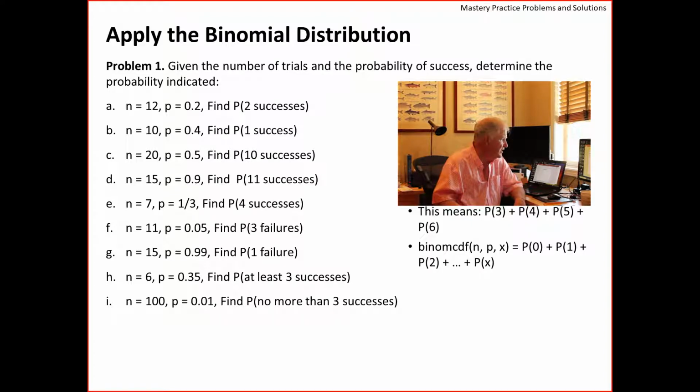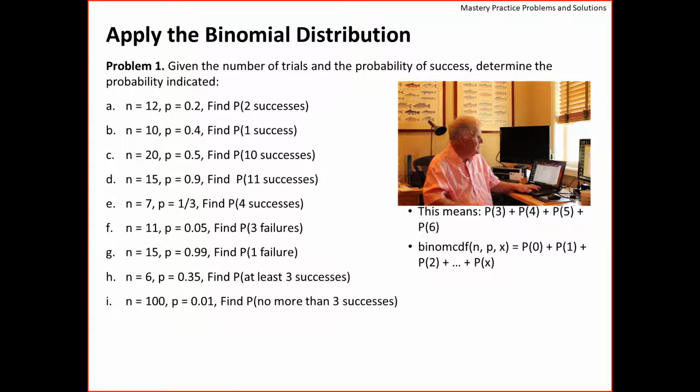If I put in, what problem are we doing? We're doing H. If I put in n equals 6, probability of success 0.35, and if I put in 3, that would return P0 plus P1 plus P2 plus P3. Interesting, but not what we want.